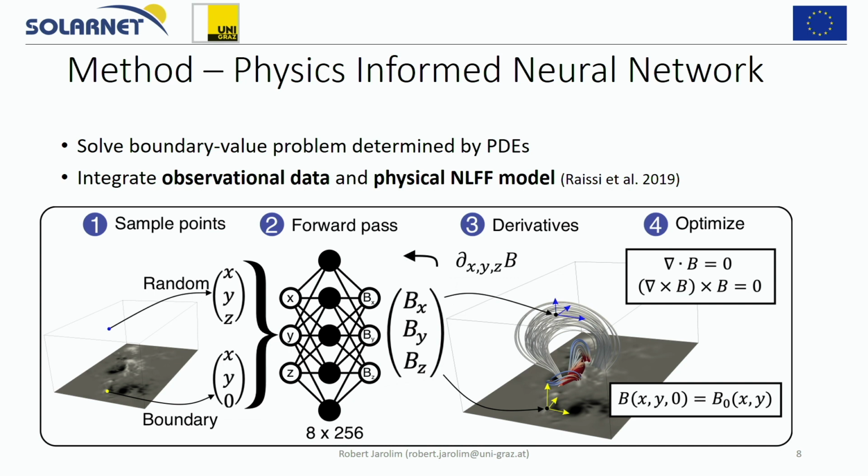X, Y, and Z are not integer values, but smooth values within this simulation box. Right now it's kind of simple: we just take a uniform distribution, and we could advance this, get it faster, or get better solutions by sampling the points that are most interesting. Like in the framework that you were saying, we could focus on specific regions where we take a large number of points, while other regions are very smoothly approximated.